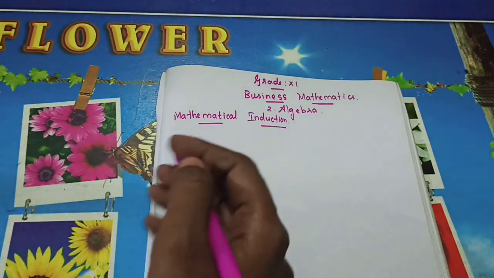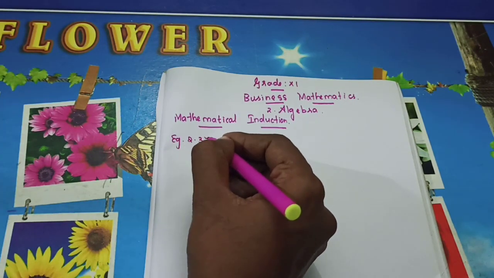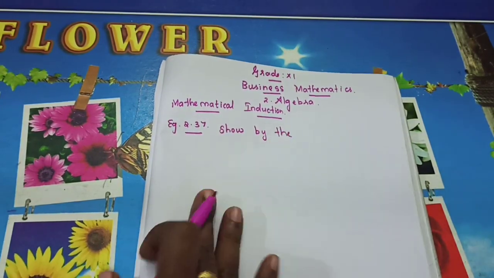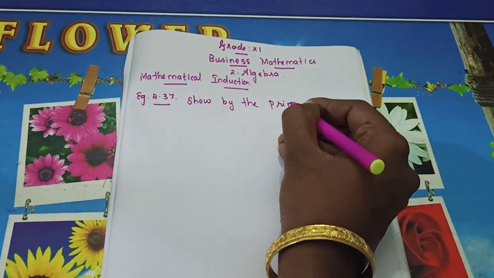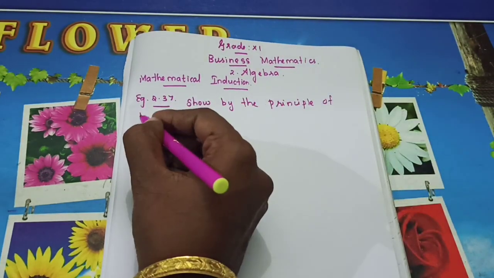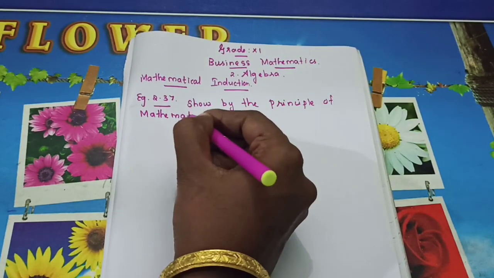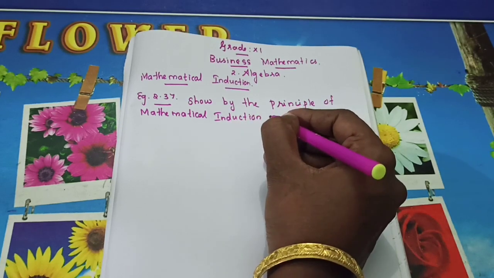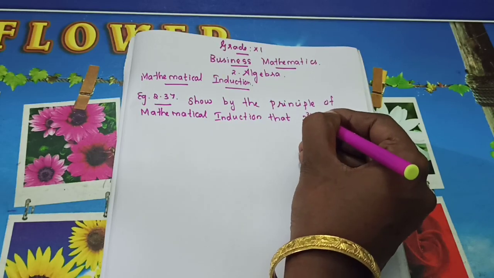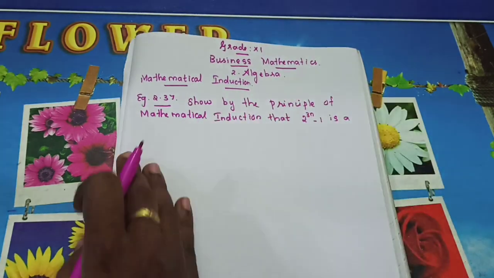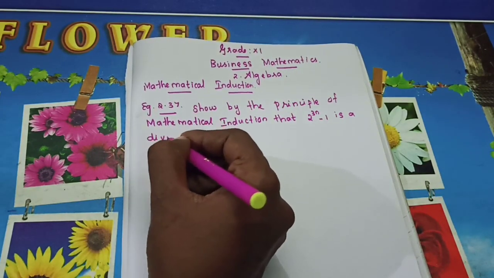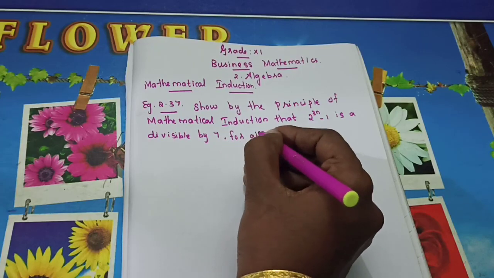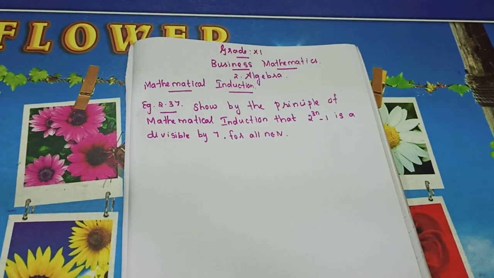Example 2.37. Question: show by the principle of mathematical induction that 2 power 3n minus 1 is divisible by 7 for all n belongs to N. Listen to the question carefully.